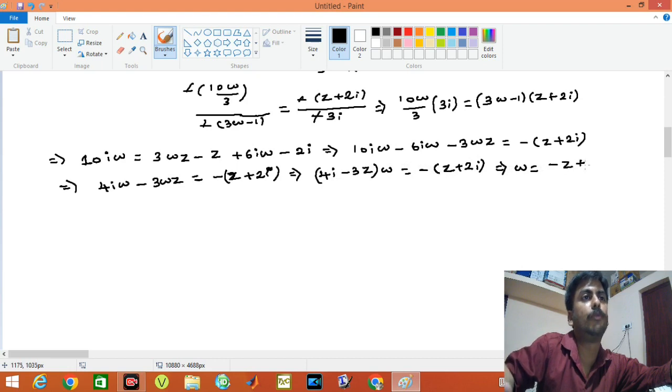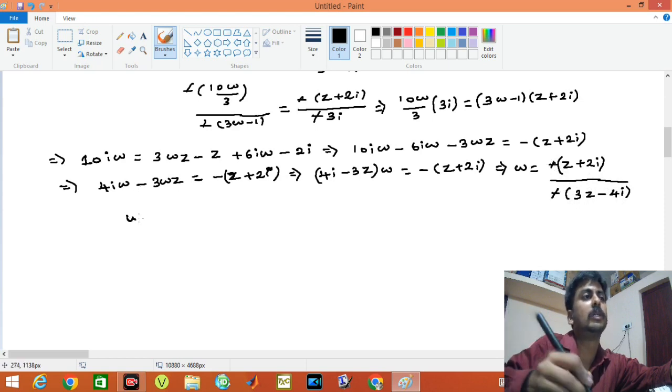w equal to minus of z plus 2i divided by, taking minus outside, minus of 3z minus 4i. So these two minus signs will get cancelled.